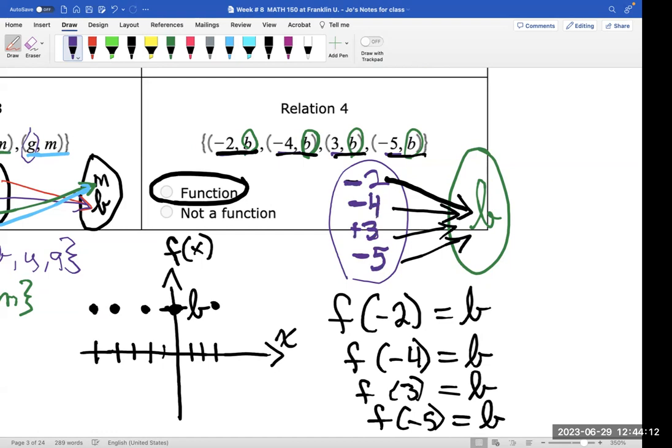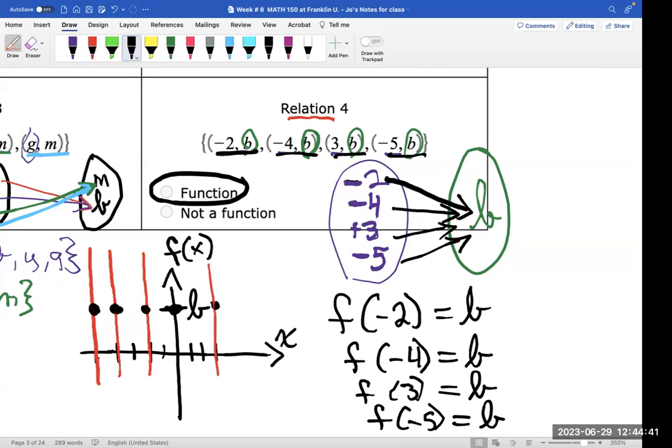What you'll learn about here as well is a vertical line test. The vertical line test says your relationship is a function if and only if for every vertical line you draw anywhere on the plane, the vertical line will only intersect your function once.